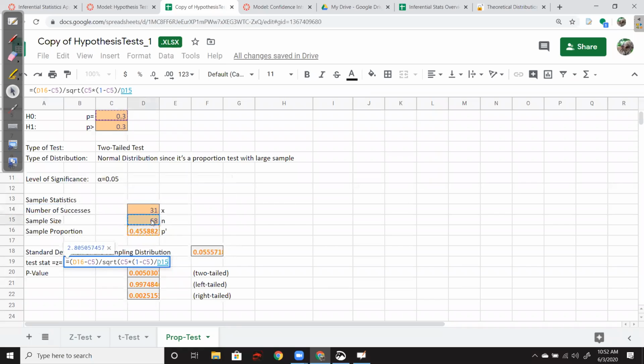Close the square root. So my test statistic is about 2.8.